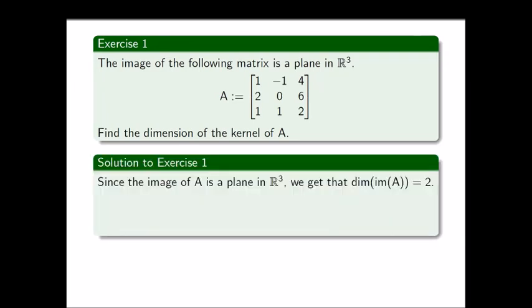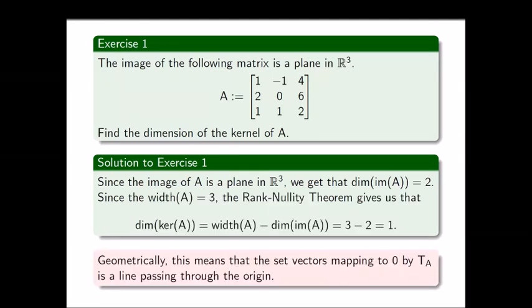Because the image of A is a plane in R3, we get that the dimension of the image space of A is 2. Now, because the width is 3 for this matrix, there are 3 column vectors, therefore the width is 3. The rank nullity theorem gives us that the dimension of the kernel is the width of A minus the dimension of the image space of A, and that is just 3 minus 2, which is 1.